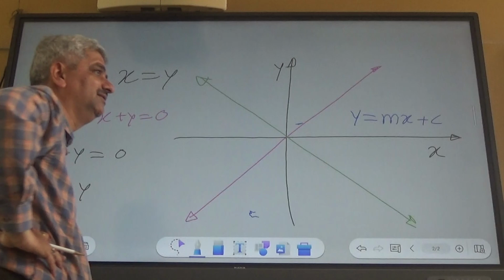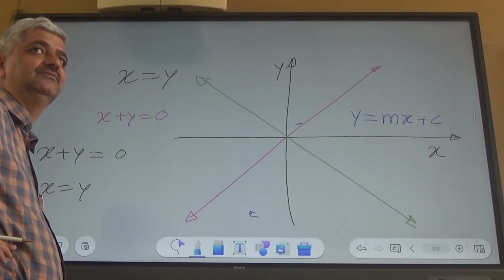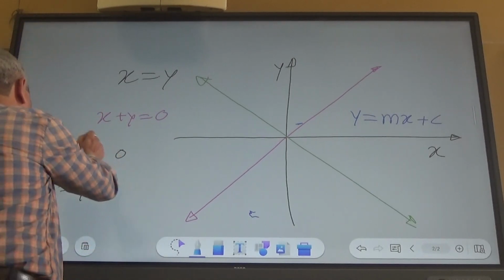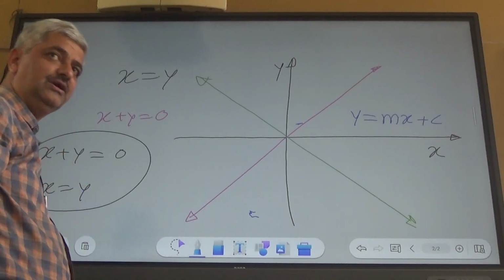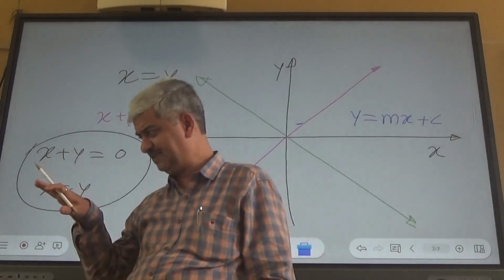When is it possible? These two equations, can you solve them together? Can you simplify?